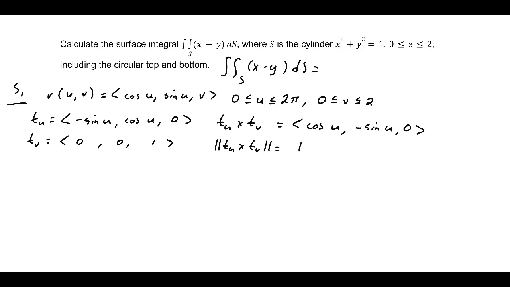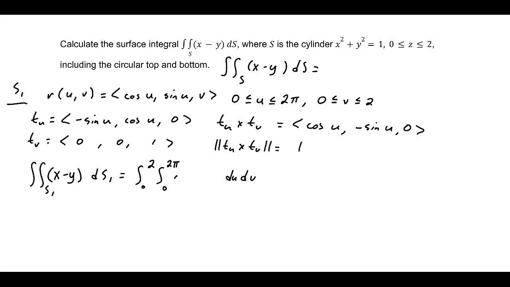So this means that the double integral over the region S1 of the function x minus y is equal to the integral from 0 to 2 with respect to v of the integral from 0 to 2 pi with respect to u of the function cosine u minus sine u.